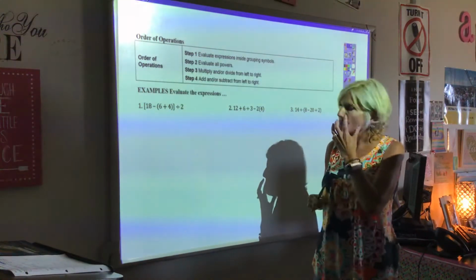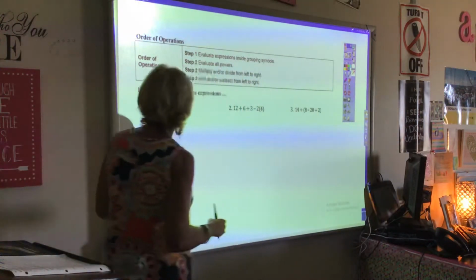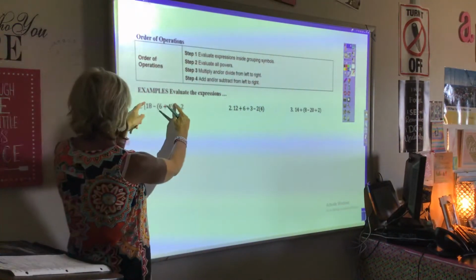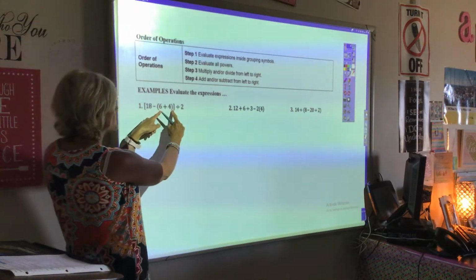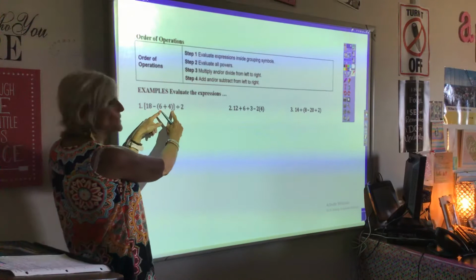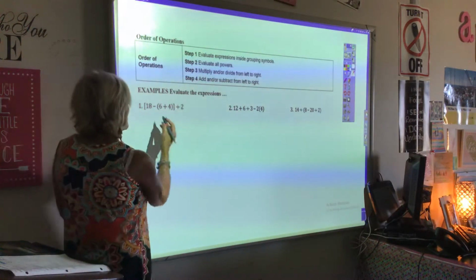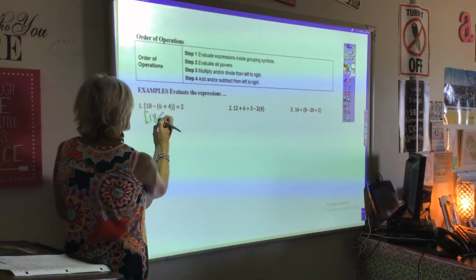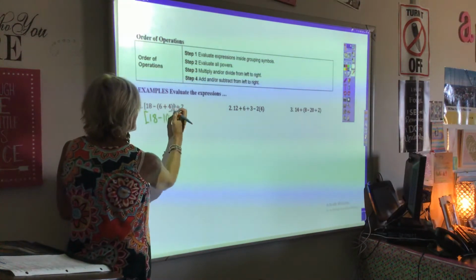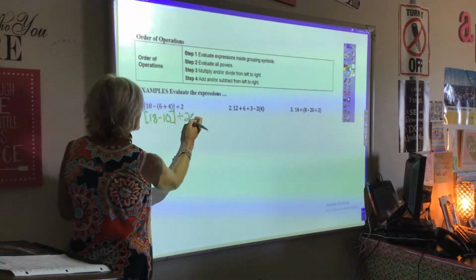So we'll work a few practice problems together. On this first practice problem, we can see we've got a parenthesis. And within the parenthesis, we have a second parenthesis. So what we want to do is do the innermost parenthesis first, which would give us 18 minus 10, and all that big chunk is divided by 2.